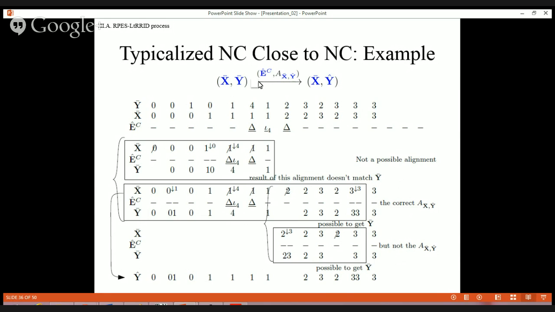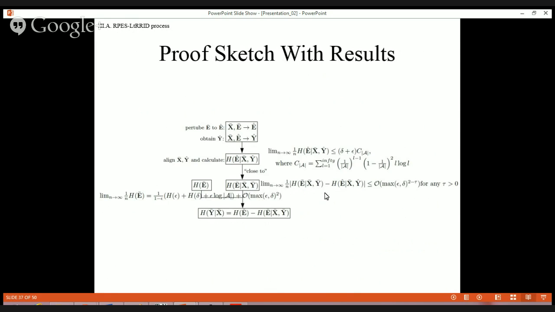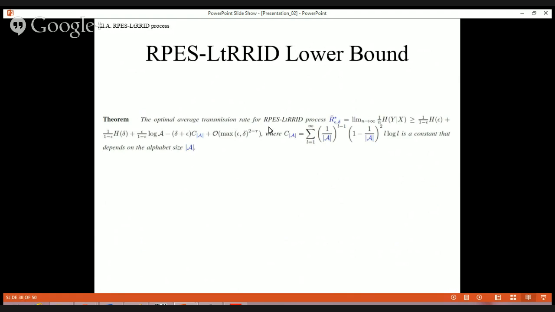So this shows the direction from left-hand side to right-hand side. This is just a repeat of the proof sketch with the result. And this is the main theorem for the information theoretic lower bound for the random model.